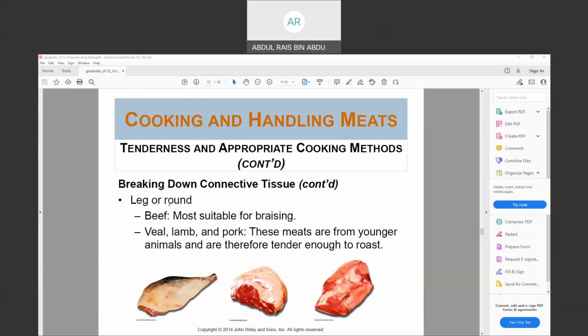Okay, in terms of leg or round, dia kata beef. Okay, this part, the leg or the round is more suitable for braising because braising ni is a combination of dry heat and moist heat. Okay, kalau nak analogi mudah braising ni macam mana, you imagine any masakan daging yang berkuah lah.